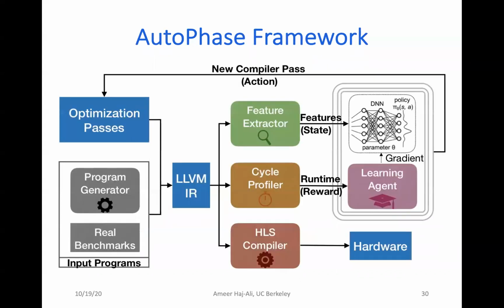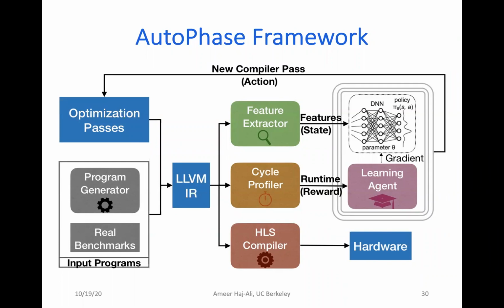So the framework overall looks as follows. You can look here on the left. We have here the optimization passes that we applied so far, or let's say if we started from 0, we have no passes at all at the beginning. And then here we have our input programs that are either randomly generated or real benchmarks. We compile the program and generate something called LLVM intermediate representation.